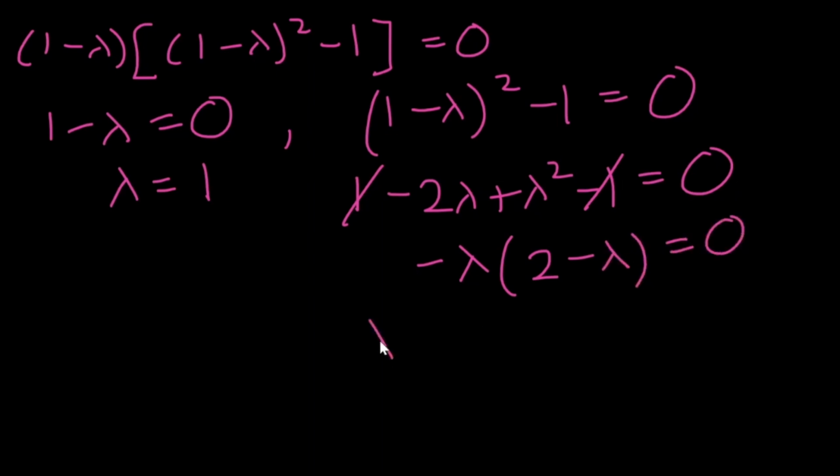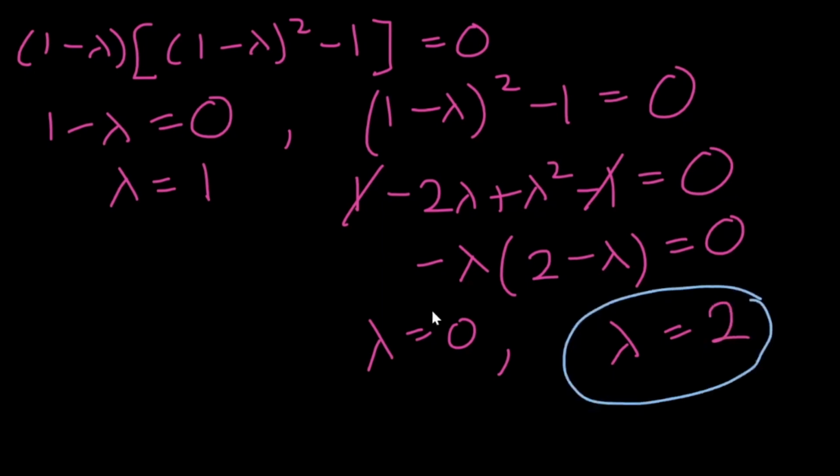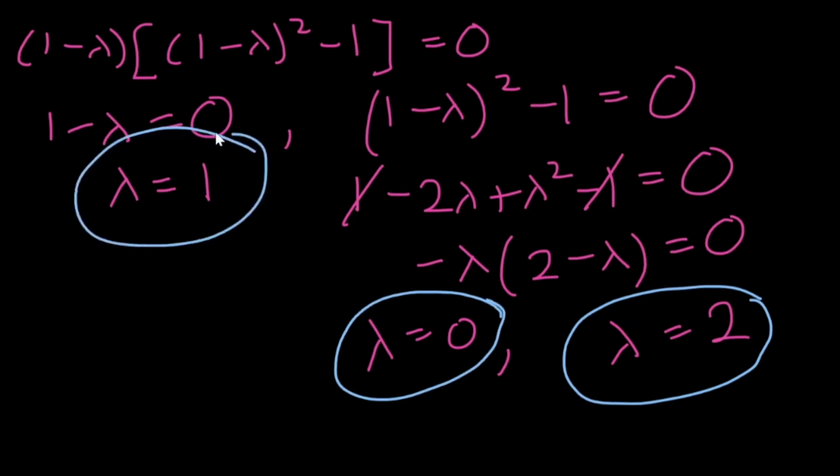I have lambda equals 0 and lambda equals 2. I have now 3 values of lambda. Okay, so lambda 1, lambda 2, and lambda 3. Now, our task is to find V1, V2, and V3.